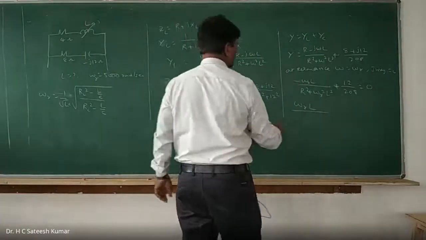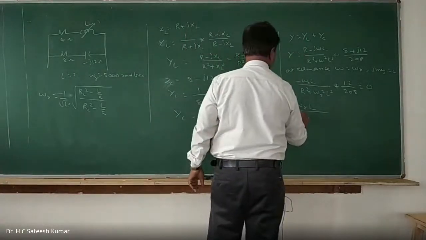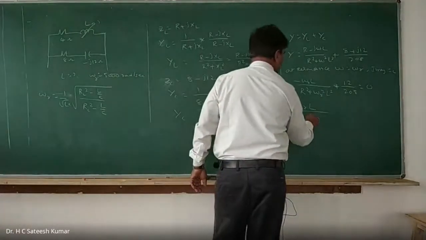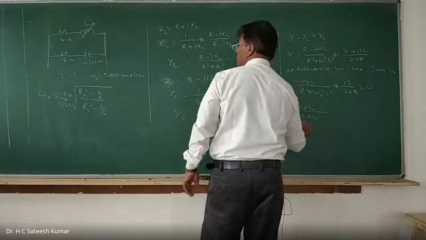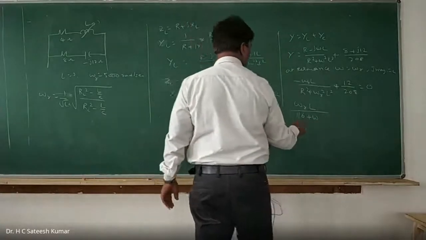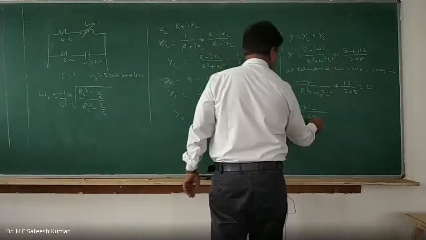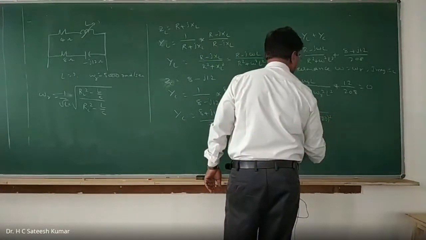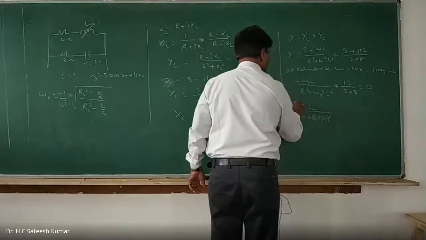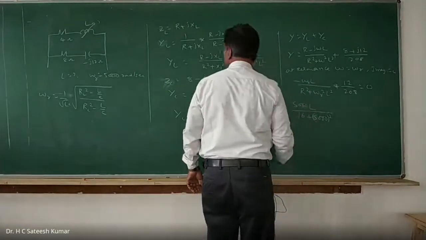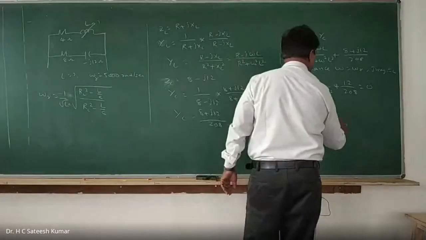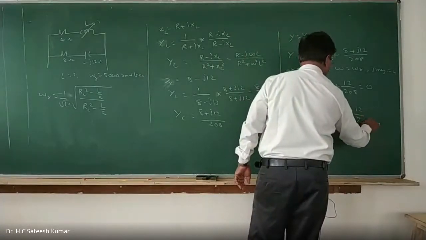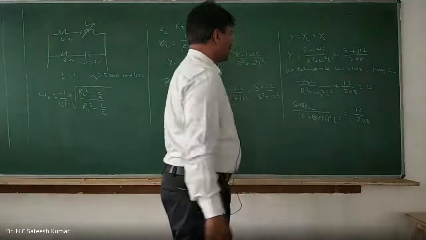R is given as 4, so R square is 16. Omega r is also given as 5000, so 5000 square. This is also 5000 L. 5000 square into L square is equal to 12 divided by 208. Cross multiply it and you will get a quadratic equation in L.